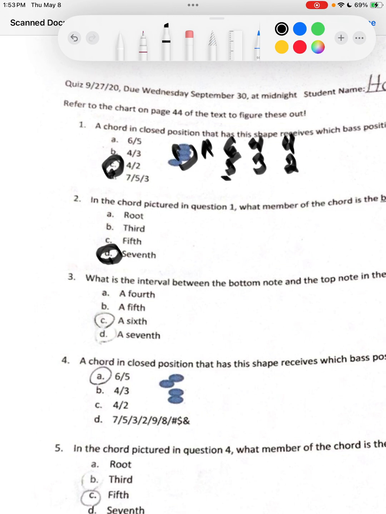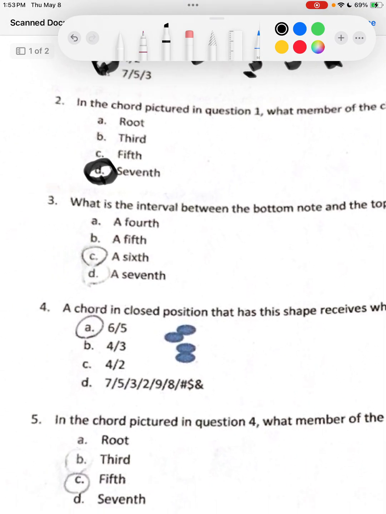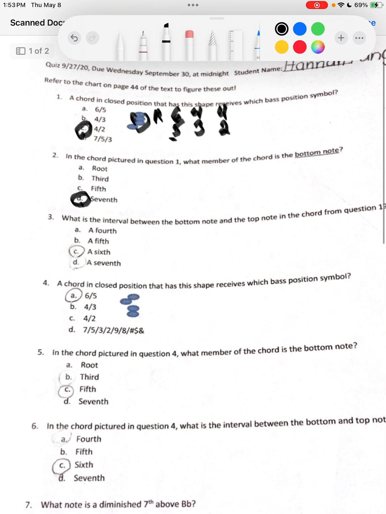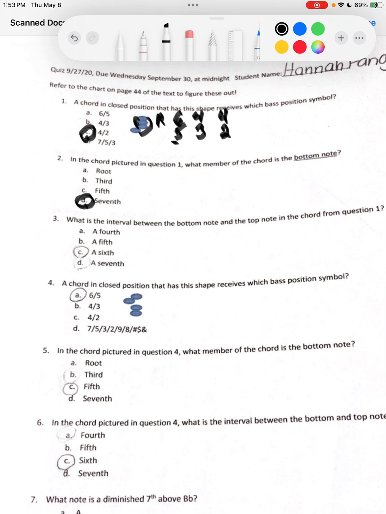I know it says a 6, but I don't agree. I mean, I do agree. Because the top, if this would have been in root, it would have to be a 7. So it makes it go to the 6 because of the fact it's not in root. So that would have been number 1.